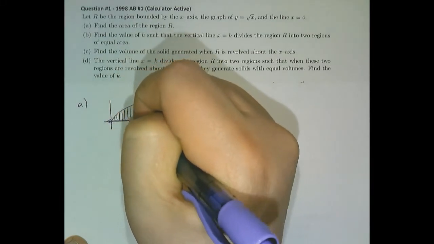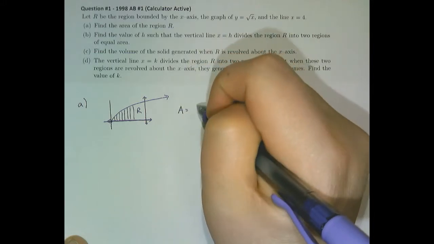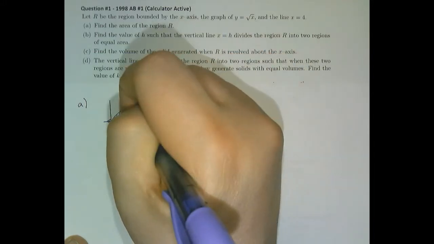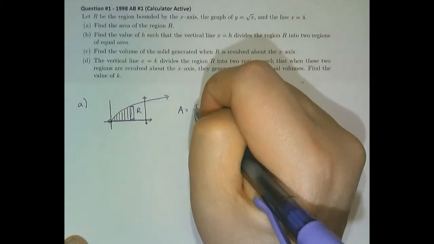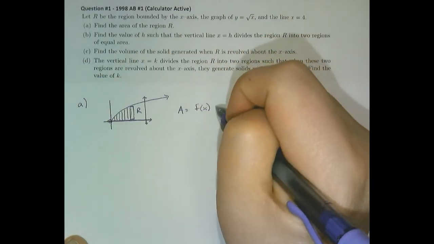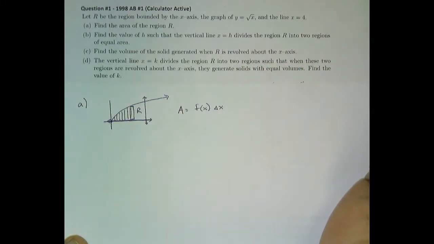For the area, we're going to take each of these little rectangles, which has a height of f of x, and multiply it by the width delta x, and that would be one rectangle.